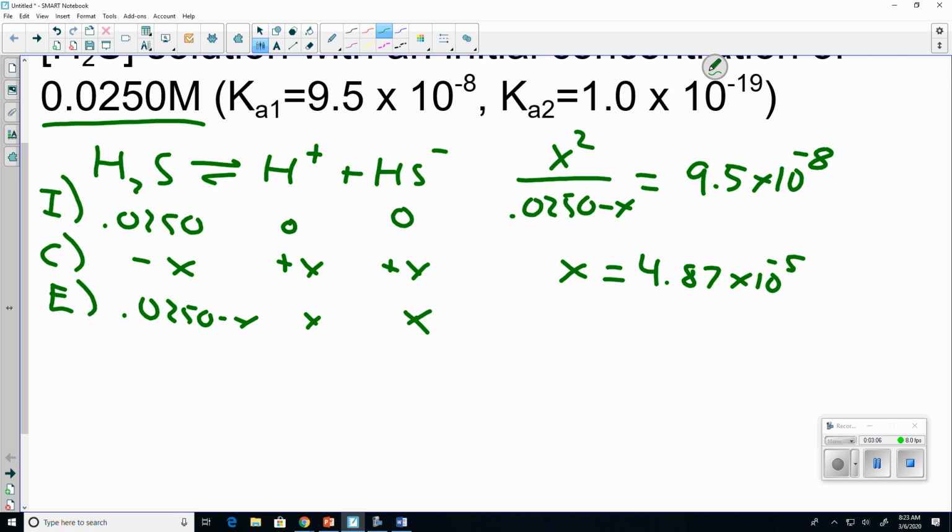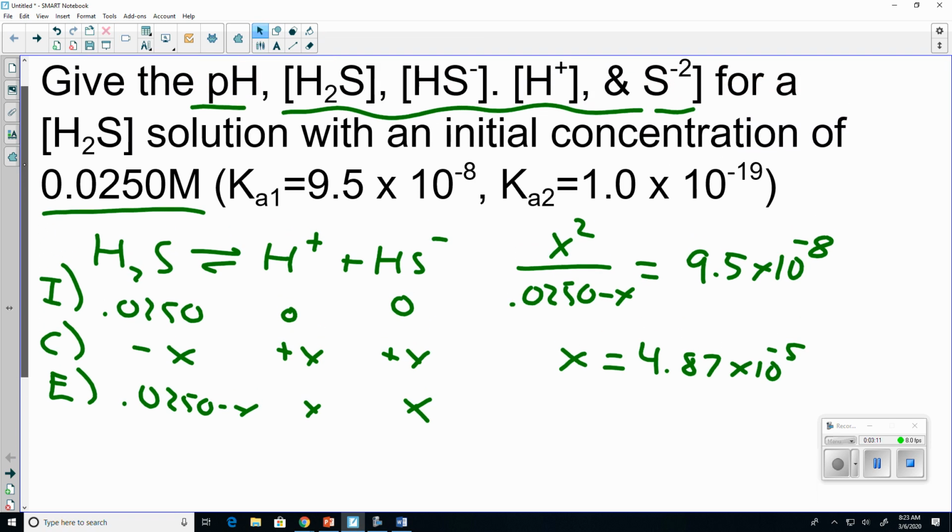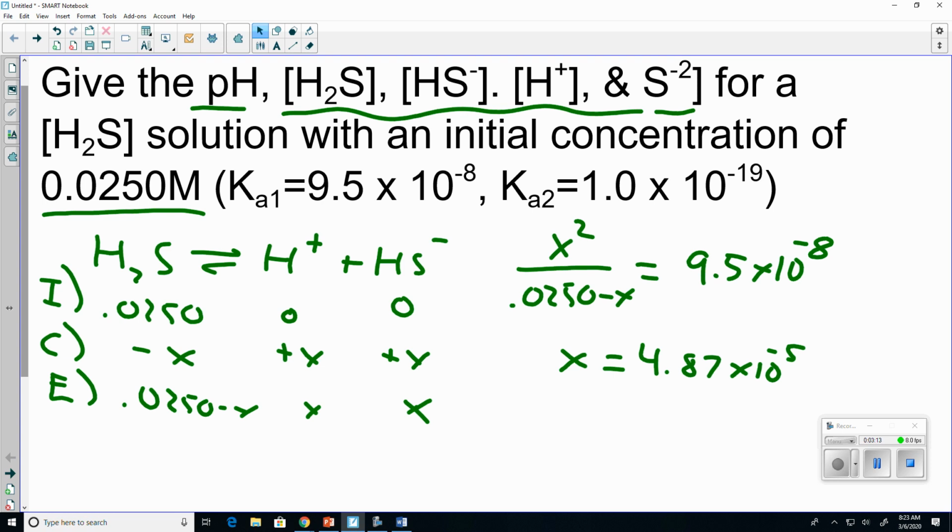Now, if this were a problem like we've normally done, I could take the negative log of this value and I would get my pH. I could plug it back into my ICE table and then figure out what the concentration of H plus, HS minus, and H2S is at equilibrium. However, this is a diprotic acid, which means it has one more hydrogen it could still lose.